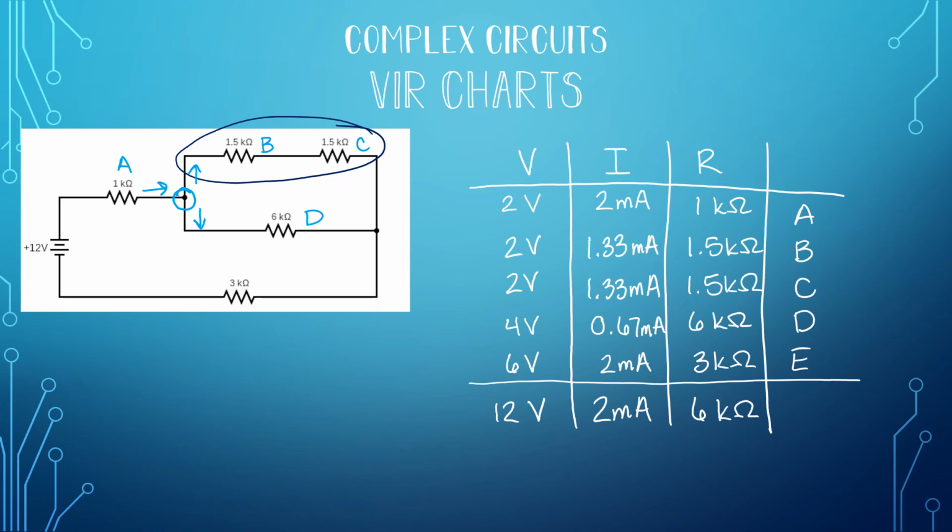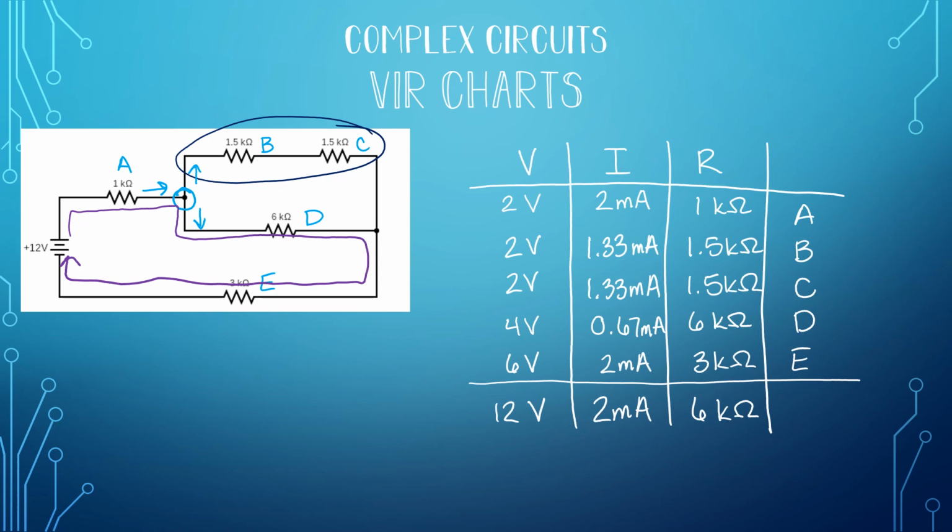The other thing that I can use to make sure my numbers make sense is the loop rule. So any loop I travel around this circuit, I should end up getting that the voltage of the battery is equal to the voltage dropped through those resistors. So one loop would be going through A, through D, and then through E. And so if I look at the voltage of A plus the voltage of D plus the voltage of E, I should come up with 12 volts, and I do.